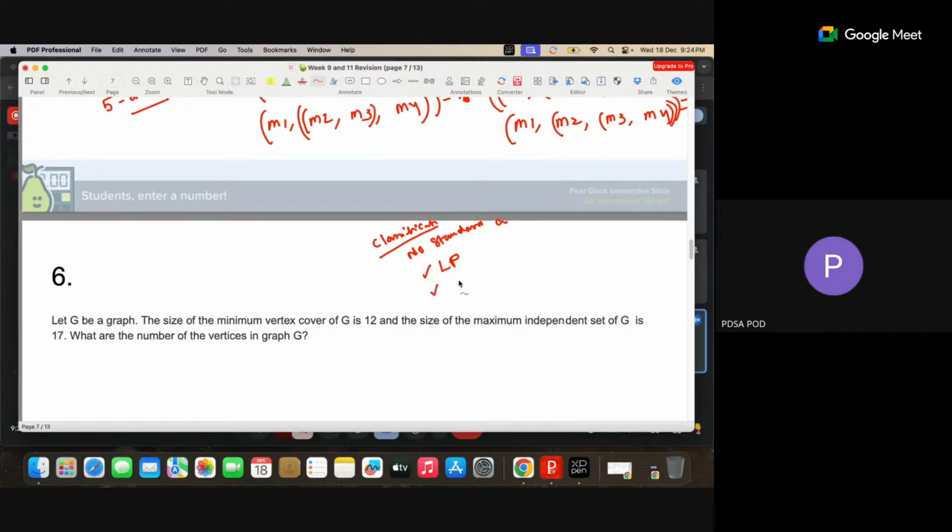Then we go with network flows. Then we go with reductions, where one problem can be reduced to another problem. And the final one is classification of algorithms like NP, NP-hard, NP-complete, and polynomial.